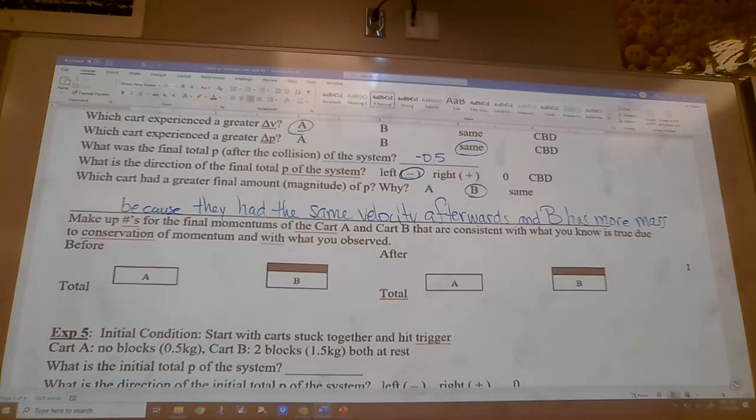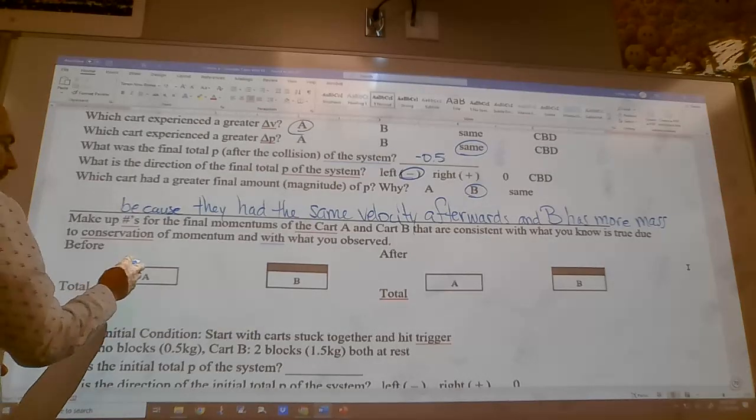How do we do on that one? So direction is kind of the key there. Okay.